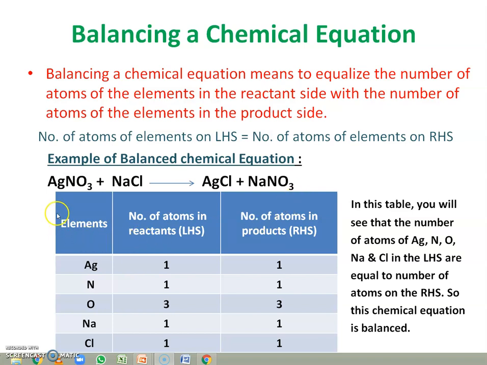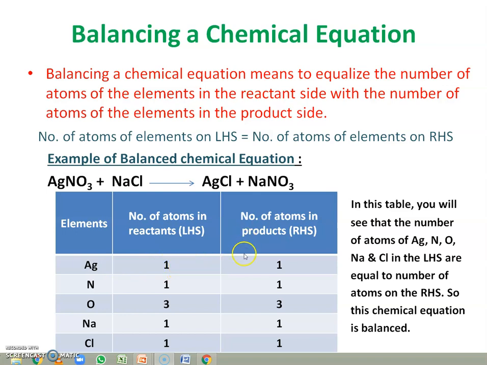In this case, 5 elements are involved. They are appearing on the reactant side as well as the product side. These elements are silver, nitrogen, oxygen, sodium and chlorine. The number of atoms of silver on the reactant side is 1.